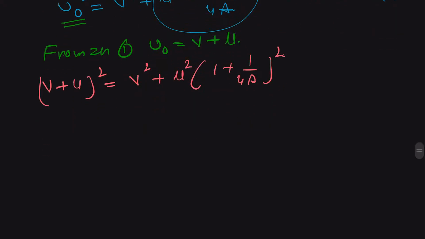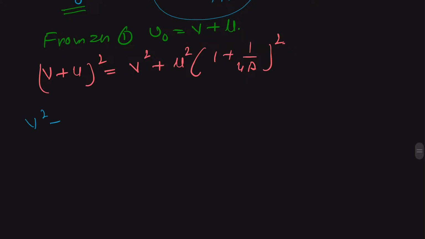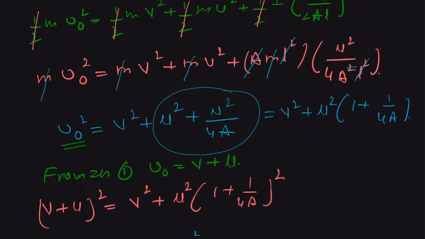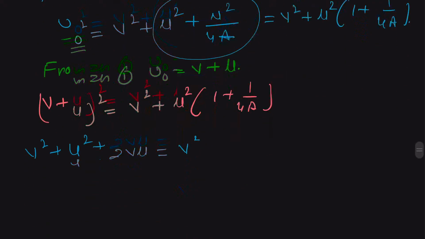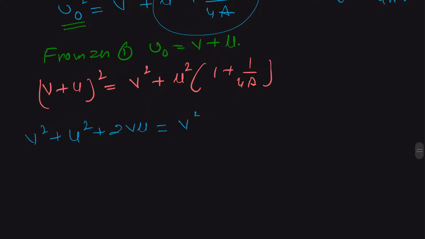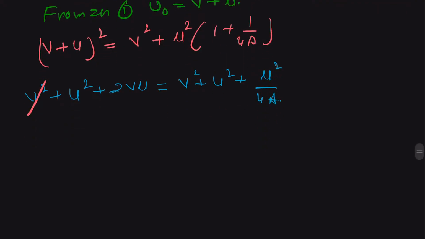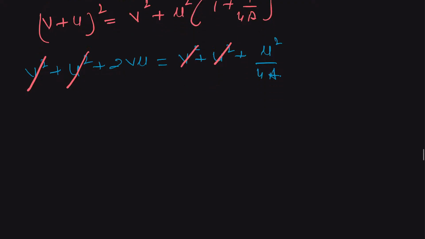We can open our left side, we get v square plus u square plus 2vu is equal to this. One second, this is not the square. So we can write this as u square plus u square upon 4 times a, and our v square and u square cancel out.